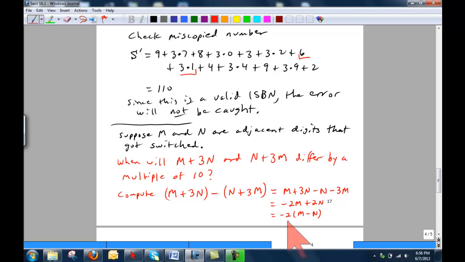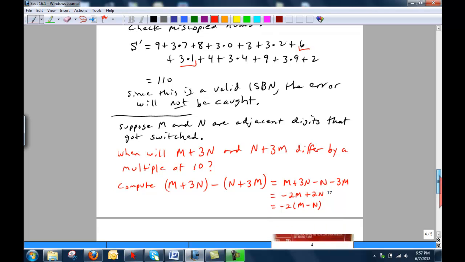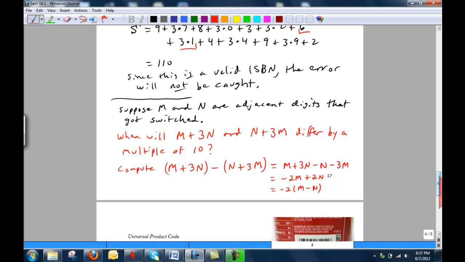Okay, the question then is, when is this a multiple of 10? Well, here's a 2, and so this is going to be a multiple of 10 if the m minus n is the other factor of 10. What is the other factor of 10 other than the 2? It's a 5.